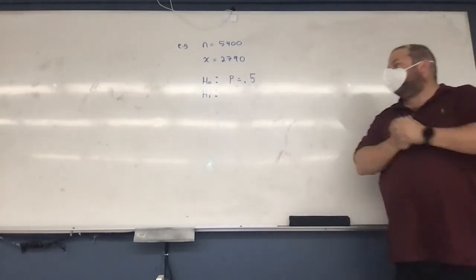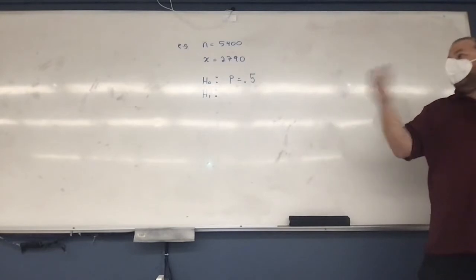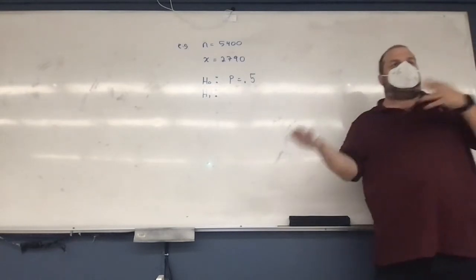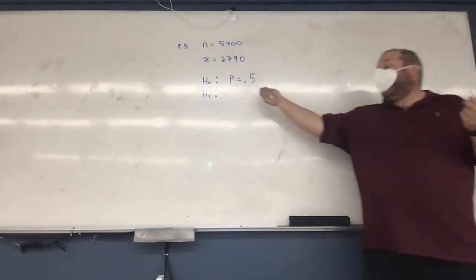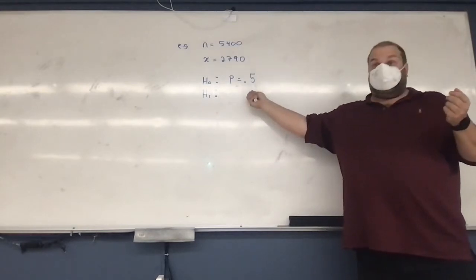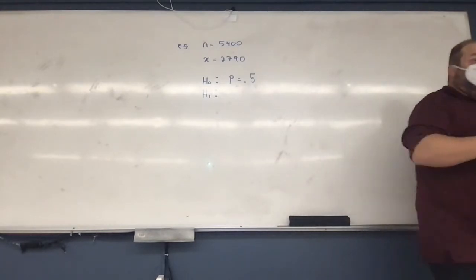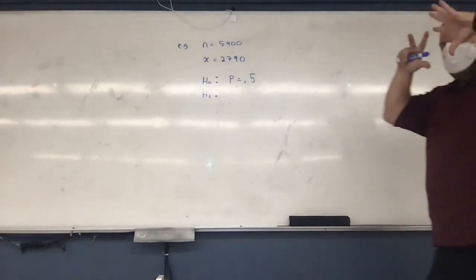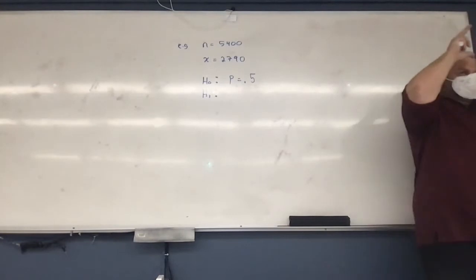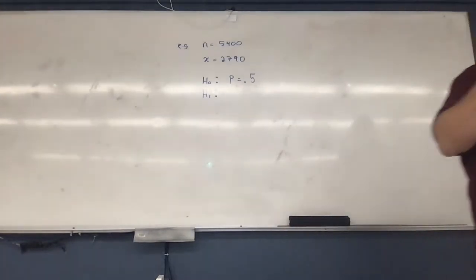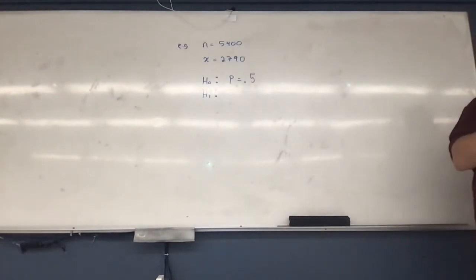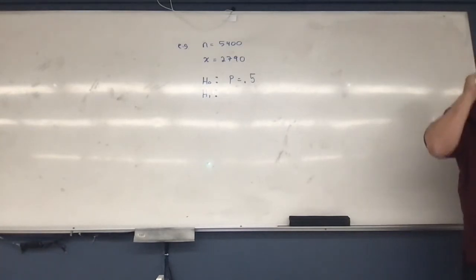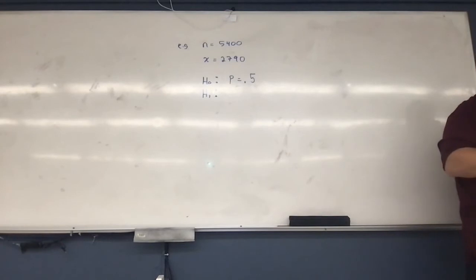That's what we're testing. If there's absolutely no way of determining which is the right one or the wrong one, I would expect to be right 50% of the time. If, on the other hand, people have the ability to have this future knowledge subconsciously, the proportion should be more than 50%.